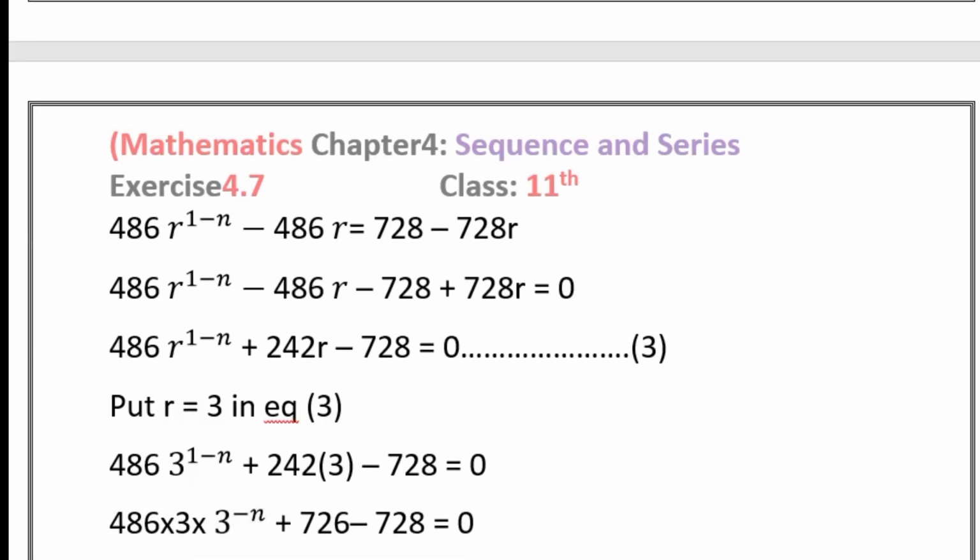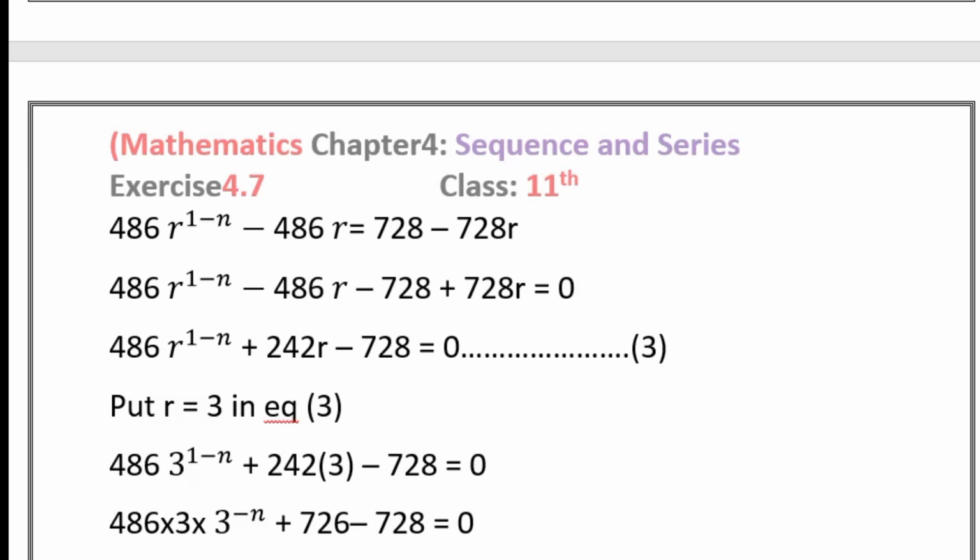So 3 power 1 minus n can also be written in separated form, that is 3 multiplied by 3 power minus n, plus 242 multiplied by 3 is equal to 726 minus 728 equal to 0.